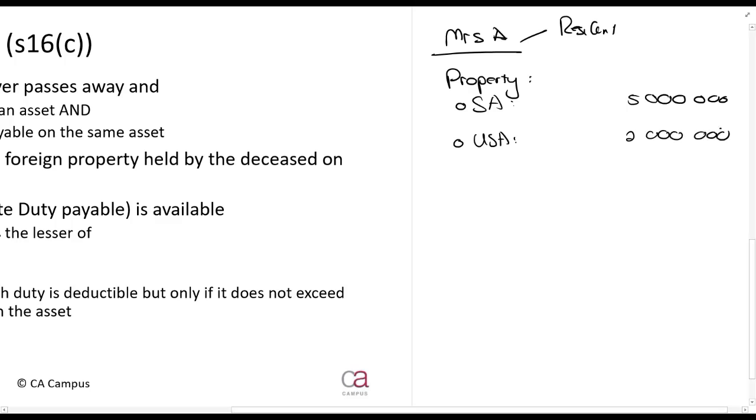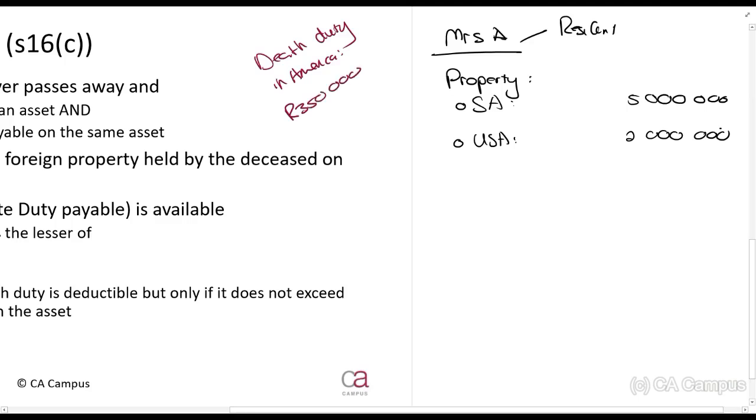Right? She pays death duty in America of, correctly translated into rands, let's say 350,000. Okay, let's see what happens.